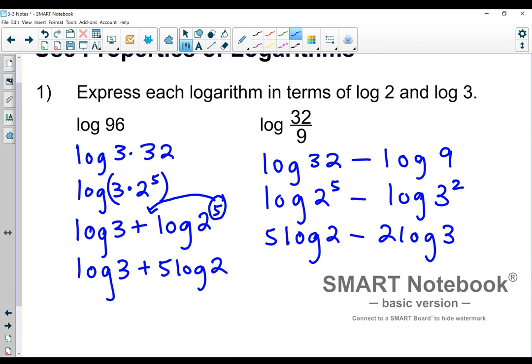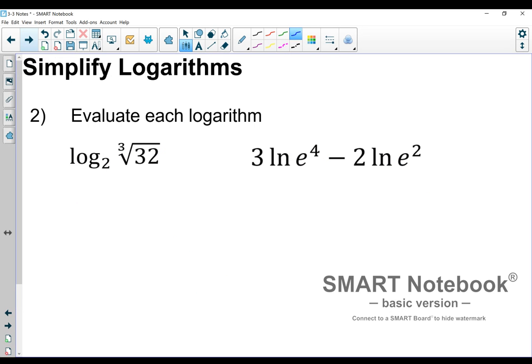The next problem type, we're going to actually look at simplifying some logarithms or evaluating, either way, but we're going to use these log properties to help us. So for the first one, I know that a third root is really 32 raised to the 1/3 power, and that 1/3 can go in front.